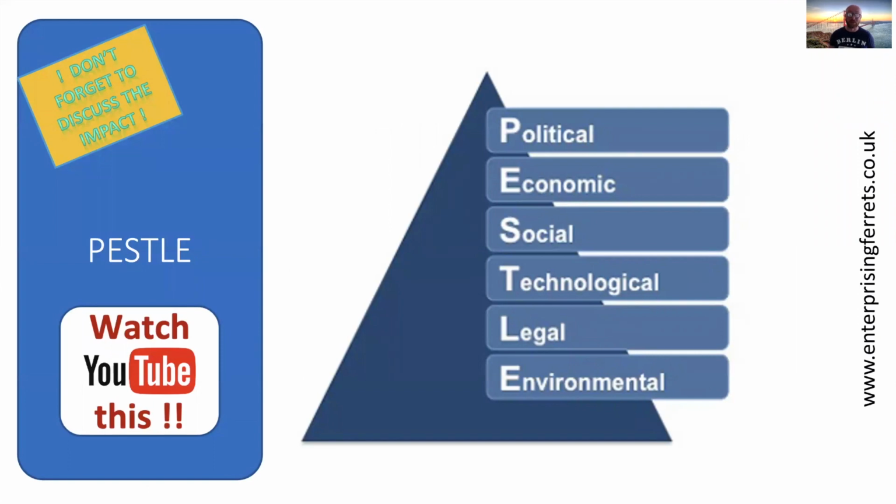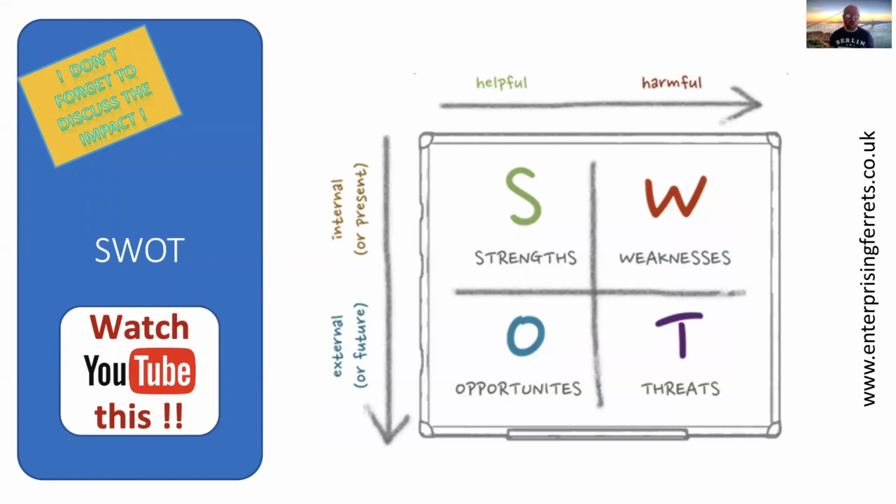So the first thing you're going to do is a PESTLE analysis. You have completed a PESTLE analysis before. So you do a PESTLE analysis on, for instance, Sainsbury's. Then you also have to do a SWOT analysis for Sainsbury's. Once you've done each of these analyses, you need to provide a summary of each one, just telling me what the overall impression is.